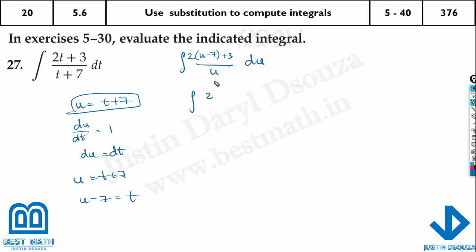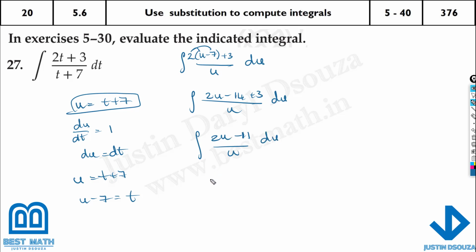Let me simplify this. It'll be 2 multiplied with u minus 7, so it'll be 2u minus 14 plus 3 divided by u, du. And here we have 2u minus 11 divided by u, integration of du.